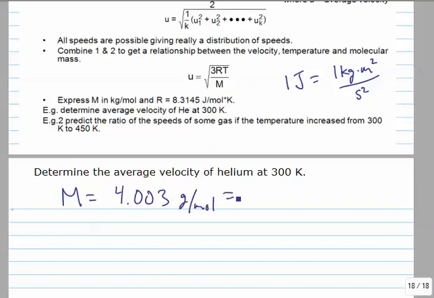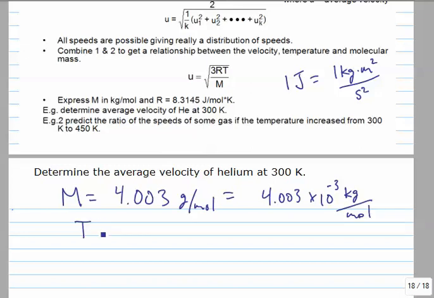Again, in our SI system, our masses need to be in kilograms. So 4 grams is equal to 4 times 10 to the minus 3 kilograms. So we have 4.003 times 10 to the minus 3 kilograms per mole.